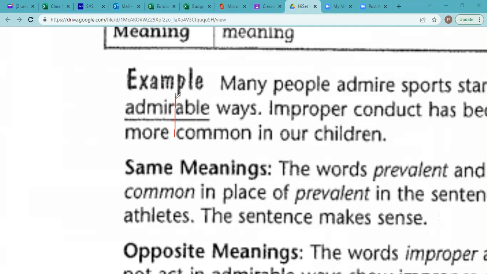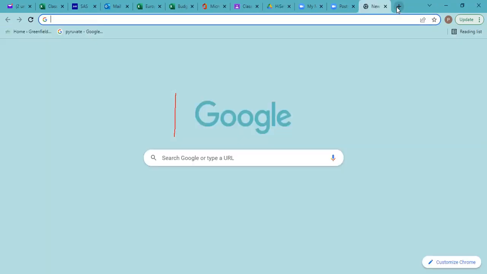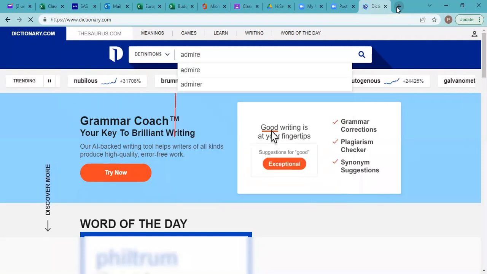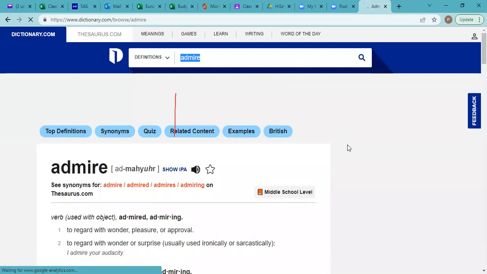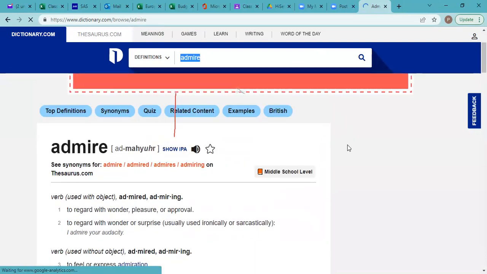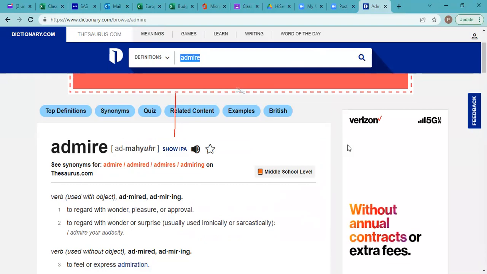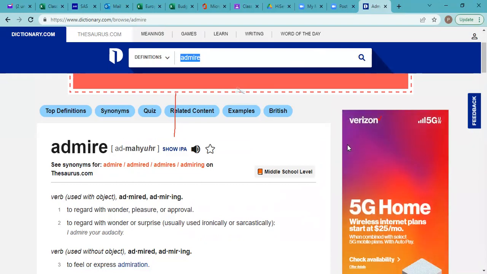So if you think about what admire means, someone that looks up to a person, let's go ahead and look at the definition for admire. Okay, so admire is to regard with wonder, pleasure, or approval. So when you admire someone, it sounds like someone that you would like, someone you look up to.